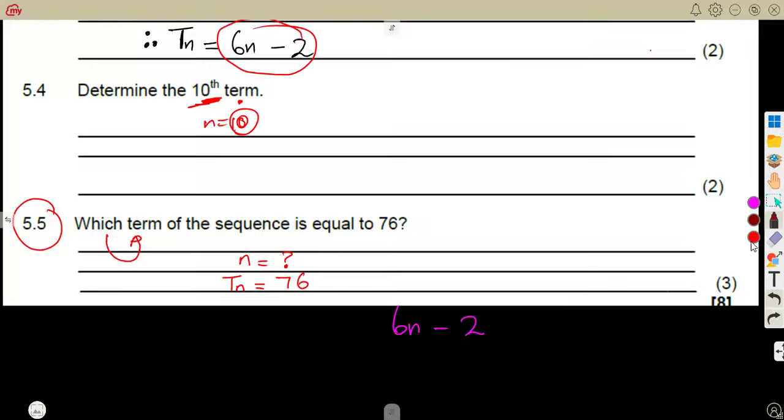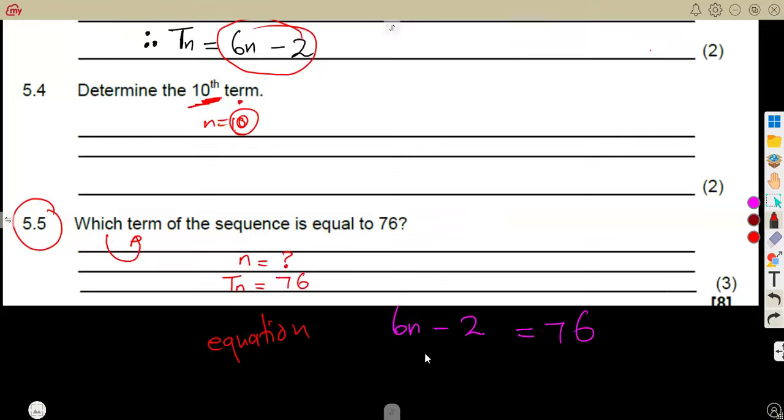Before, it was this one. Here we are saying Tn is 76. The same Tn, as a numerical value, is equal to 76. That is, you have formed an equation that you are supposed to solve.